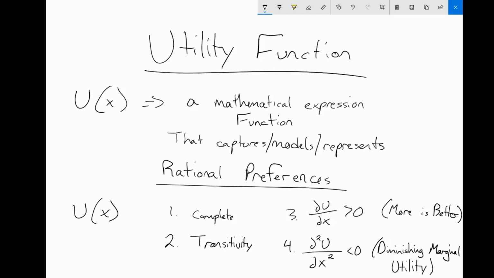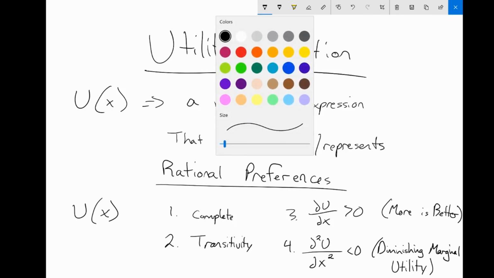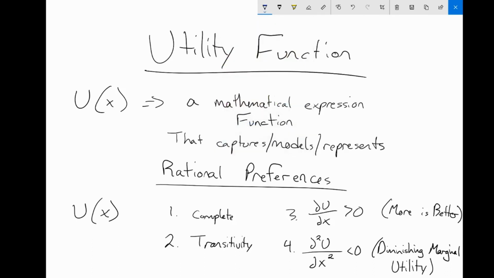Because if this function does a good job of capturing rational preferences, then we can use it to study decision making. Remember, we are assuming, according to rational choice theory, that agents make decisions based on their preferences.